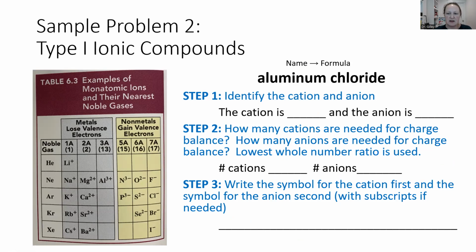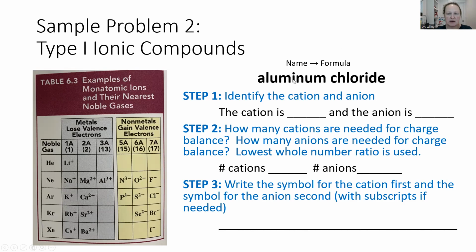And then based on the charges, we need to figure out how many cations and how many anions are needed for charge balance. And remember that the lowest whole number ratio is the one that we're going to use. Step 3 will be to write the symbol for the cation first and the symbol for the anion second, with subscripts if needed. So aluminum, right?